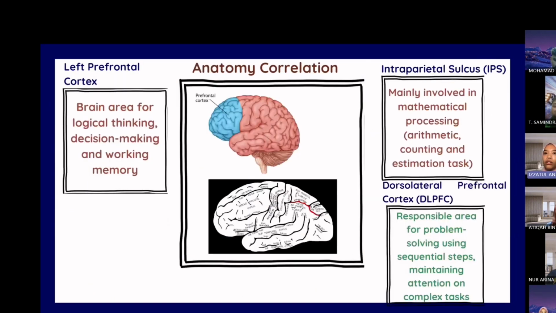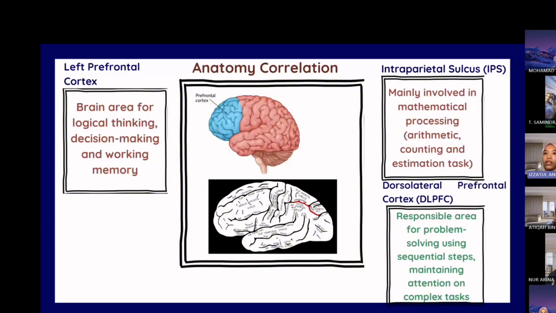Now let's look at how logical mathematical intelligence connects to the brain. First, the left prefrontal cortex. This part of the brain is in charge of logical thinking, decision making, and working memory, all essential for analyzing problems clearly. Next, the intraparietal sulcus or IPS.